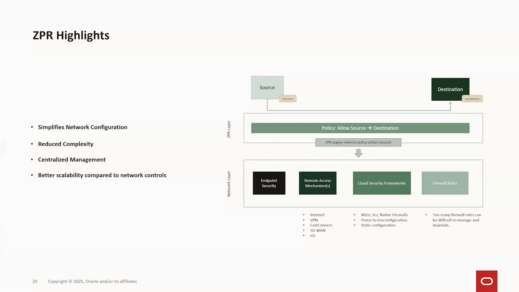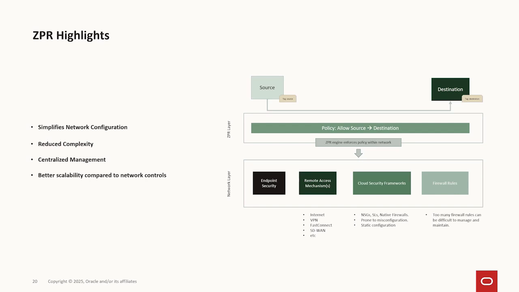Instead of going into multiple places and creating firewall rules, either on the virtual network interface of the resource or in a centralized appliance, now we give this power to Zipper, and because we do this, it reduces the complexity, right? Instead of having multiple places where you need to create a new network security rule, you have a single place, which also ties into the centralized management highlight.